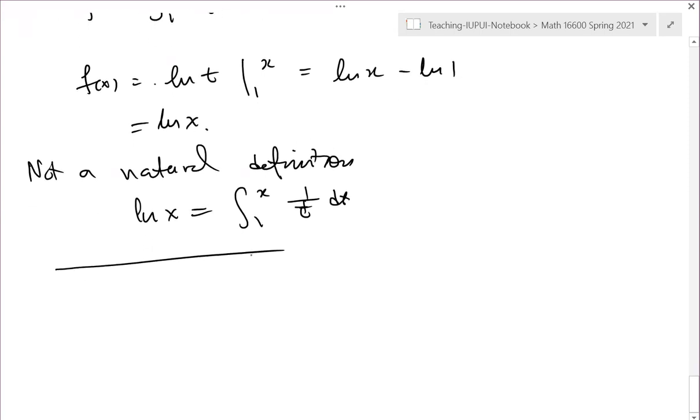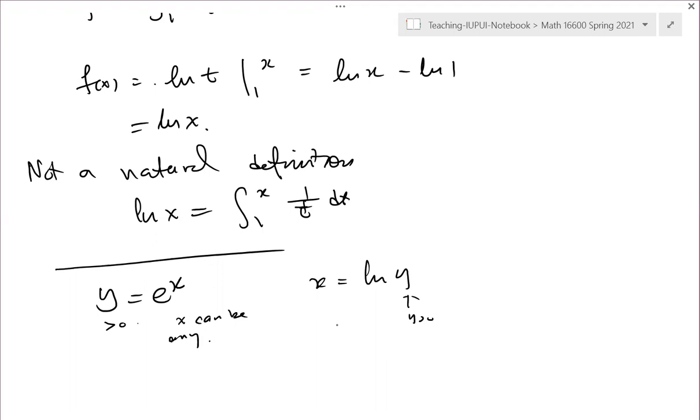So we call y equals e to the x, right? So here y is positive, x can be any number, okay? Then you solve for x. You see, this y is positive, so whatever is inside the natural log should be positive.